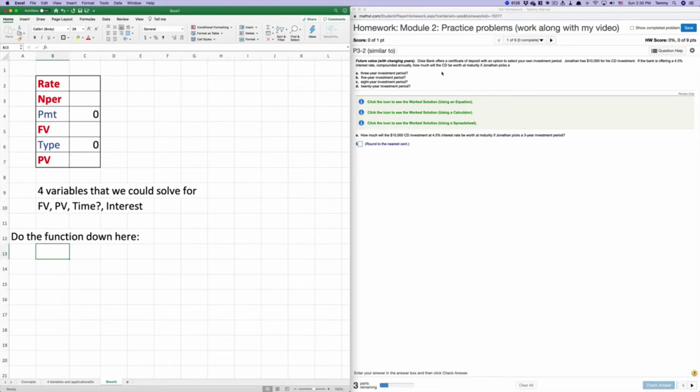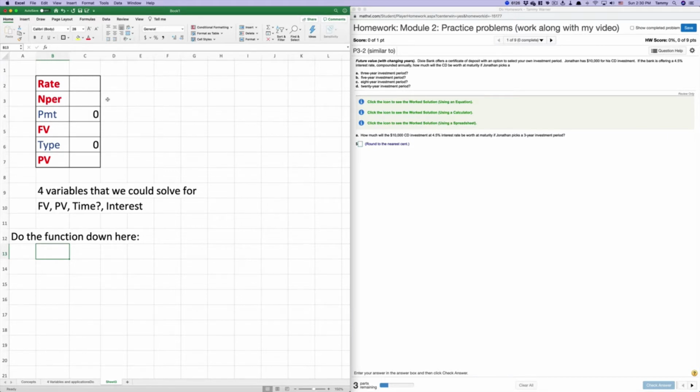So here we have Dixie Bank offers a certificate of deposit with an option to select your own investment period. Jonathan has $10,000 that he could invest in this. If the bank is offering a 4.5% interest rate compounded annually, how much will the CD be worth at maturity if Jonathan picks these various investment periods?